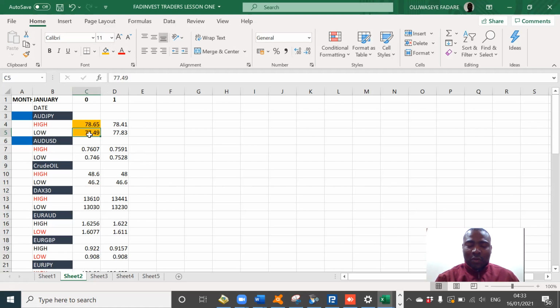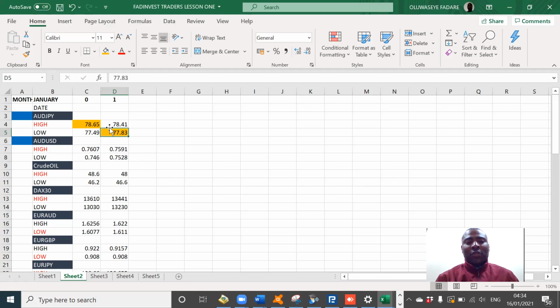That is one condition. Another condition is this. Because we have chosen high for the first day, automatically our second day, since this one is lower, our second day can be a low, because our high is not higher than the previous day. So automatically it reverts to low.